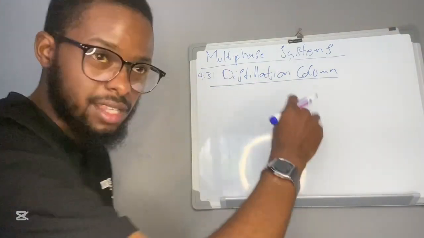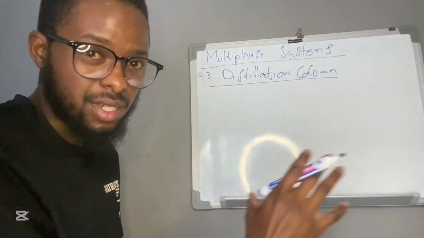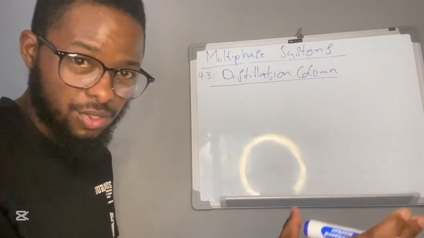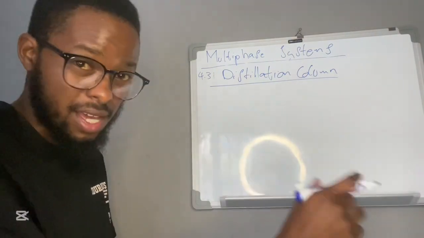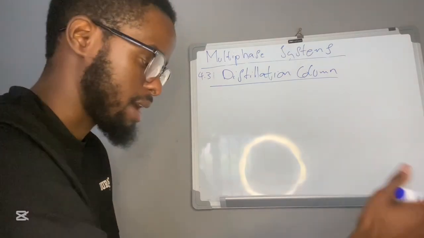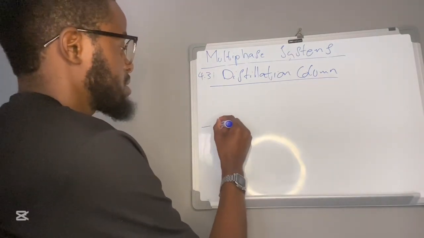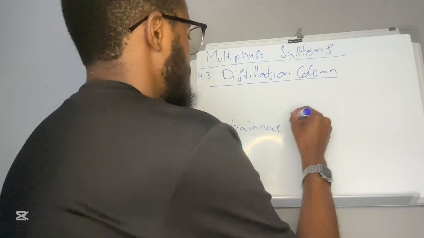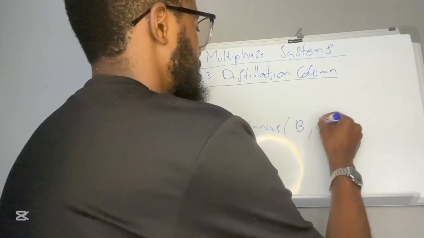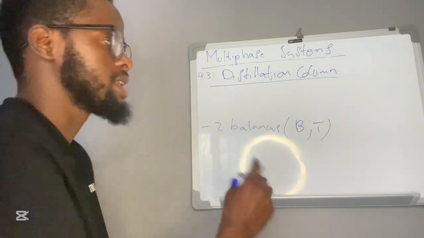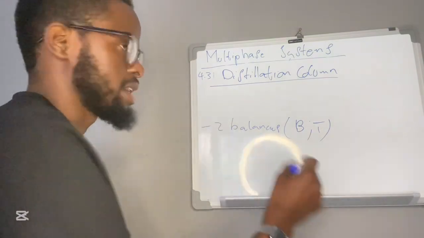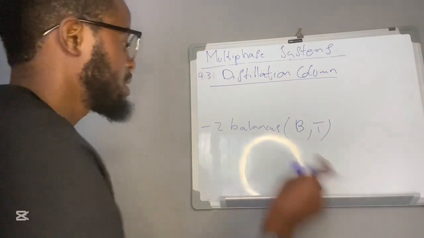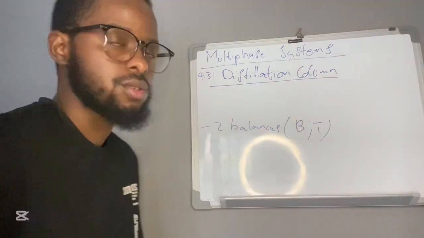Again you start with any external info that you can get on the distillation column. Is there any external info? No. You only have 2 balances, benzene and toluene. Anything else? No, there are no conversions happening.